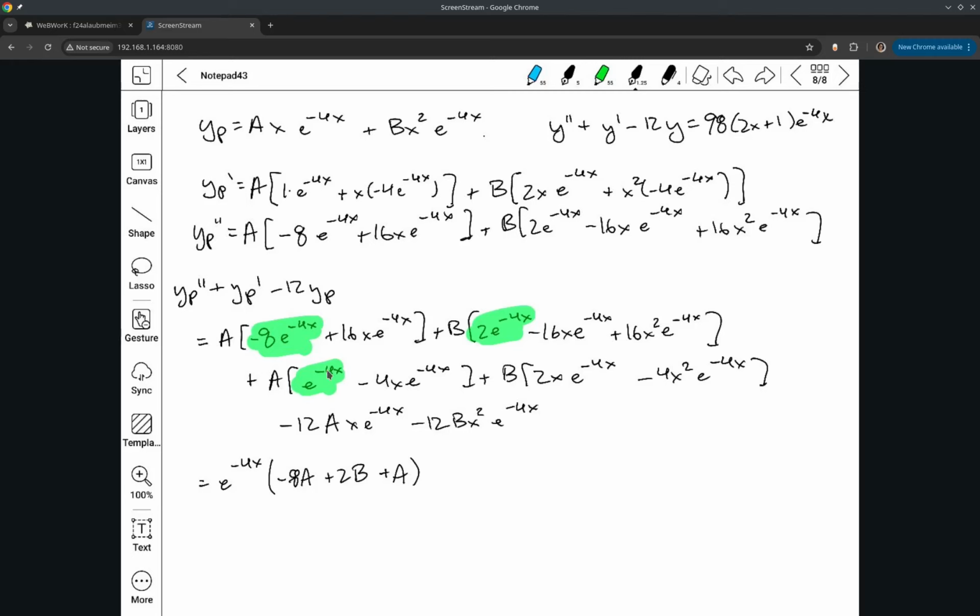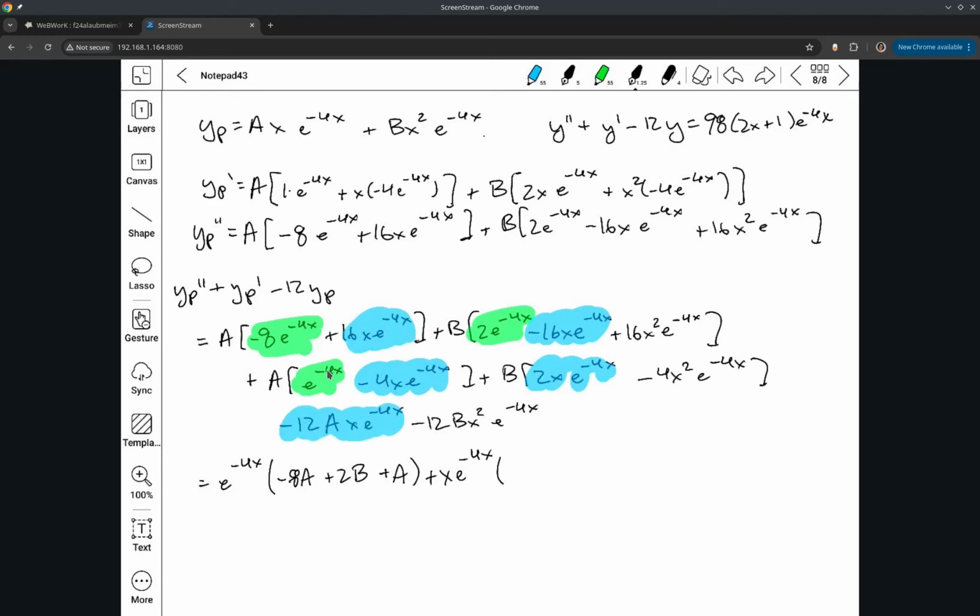And then let's go ahead and do my x terms now. So I've got this term, that one, and that one. So things that just have x e to minus 4x, but not x squared.